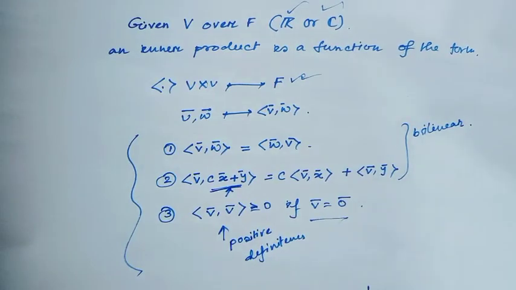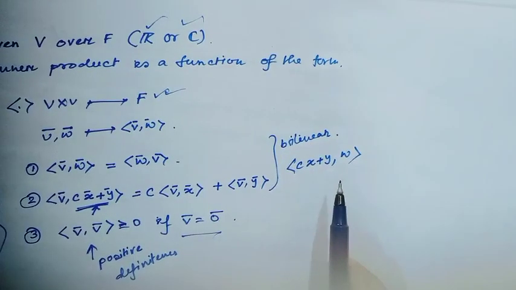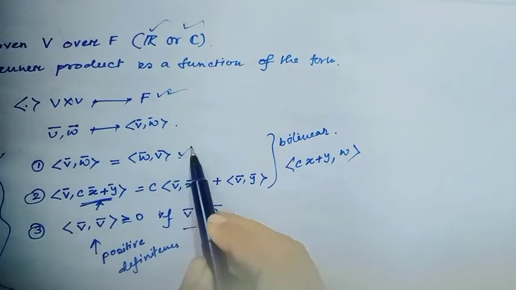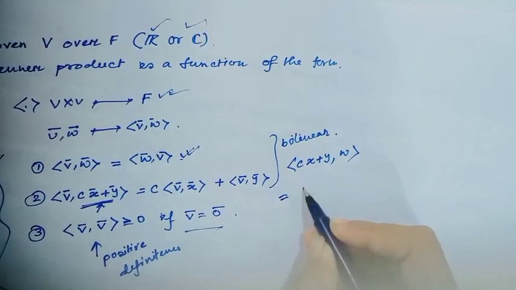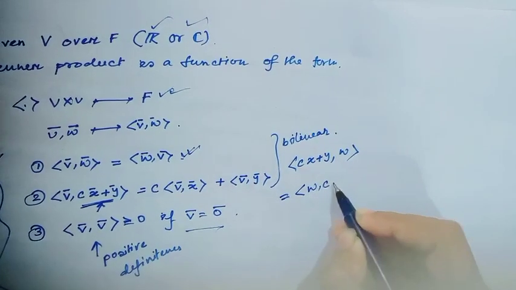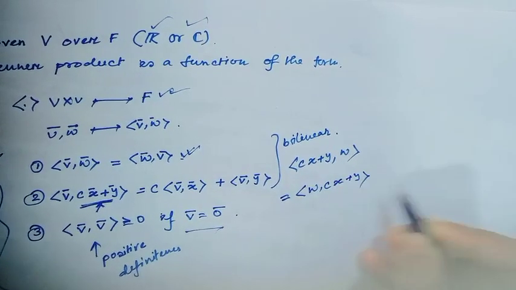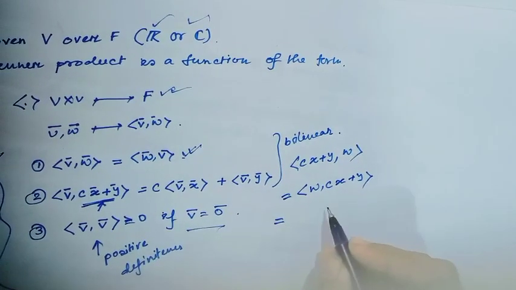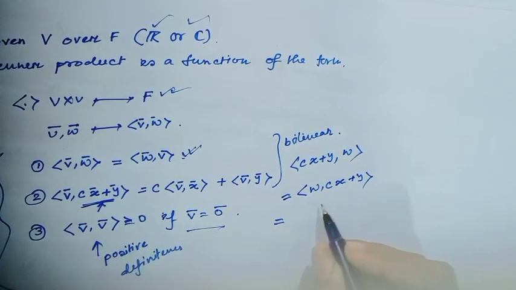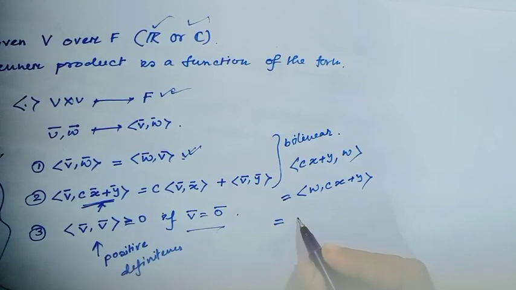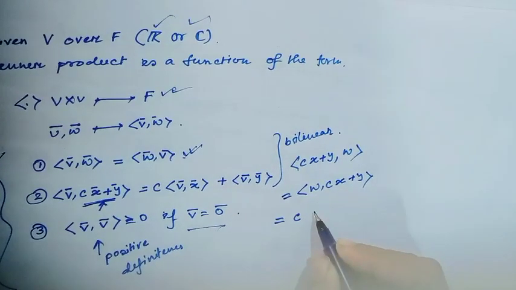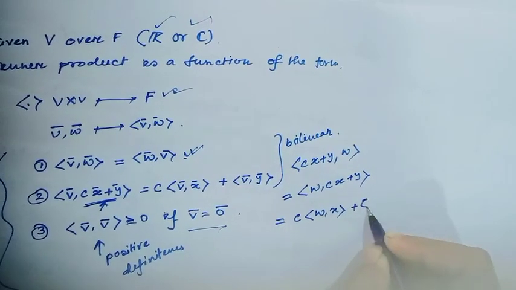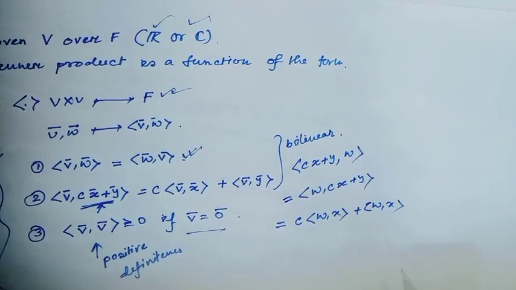Because inner product of cx plus y comma W, by the property of commutativity, we can write as inner product W comma cx plus y, and this is actually equal to c times inner product Wx plus inner product Wy.